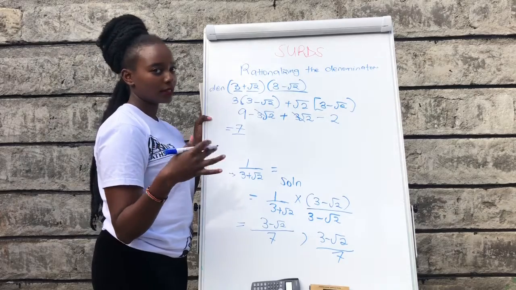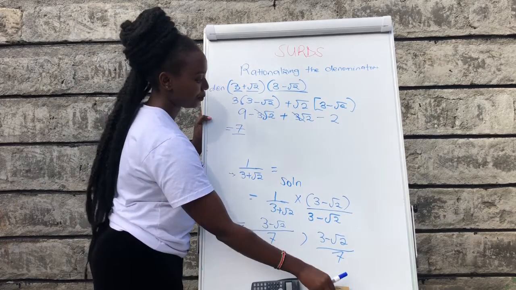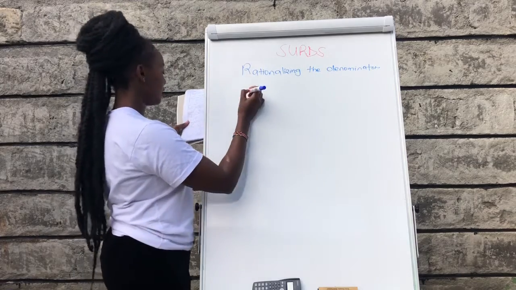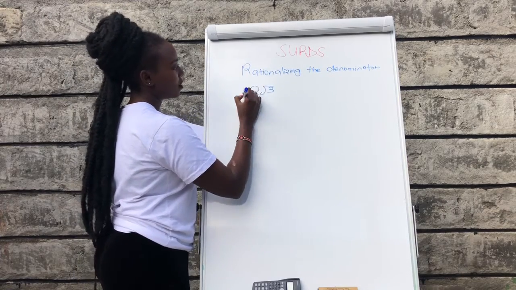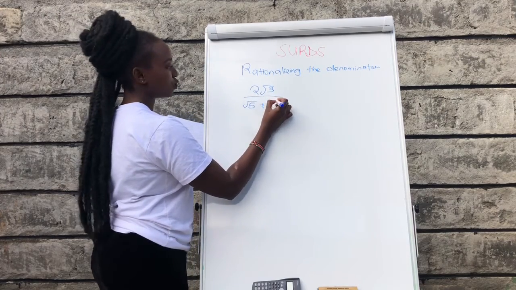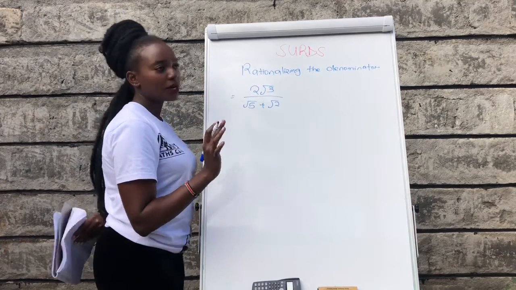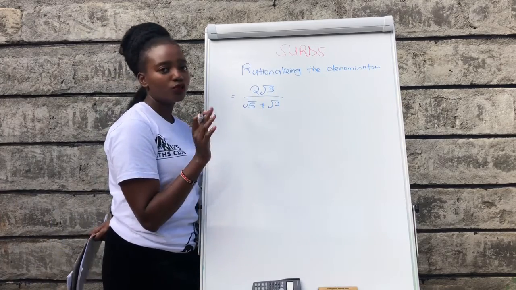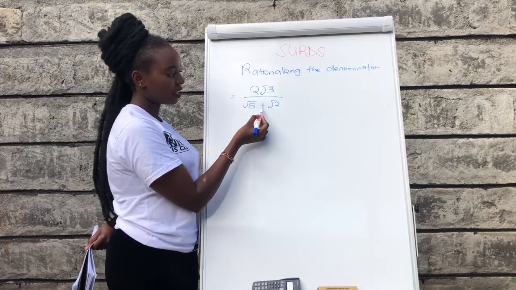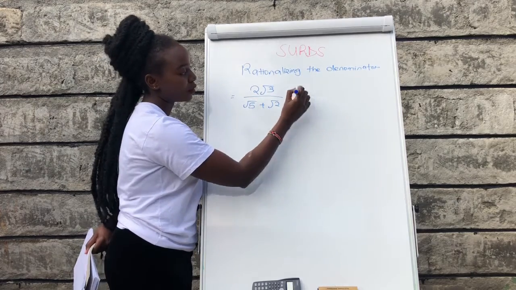Let's now look at the second example. So now let's look at example 2. You've been given 2 root 3 over root 5 plus root 2. So remember, when given such, what you need to do, you rationalize the denominator by changing the sign here. So you multiply both sides.